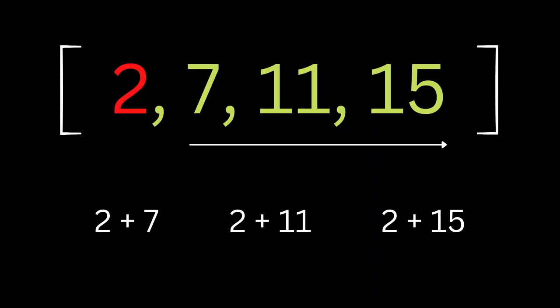the array twice. For example, we start at the 2 and traverse all the numbers inside the array and see if adding any number to 2 is equal to the target, and so on.